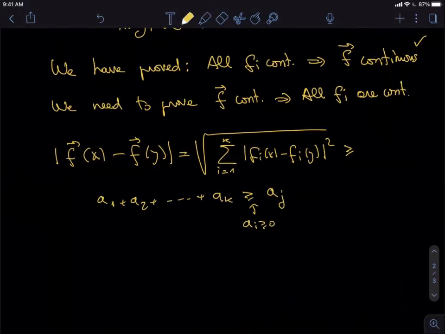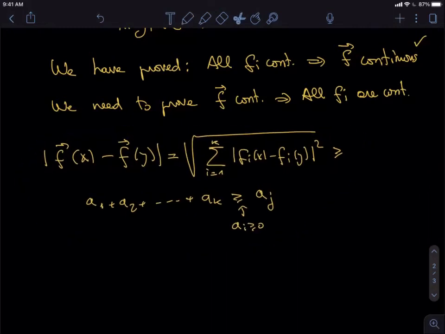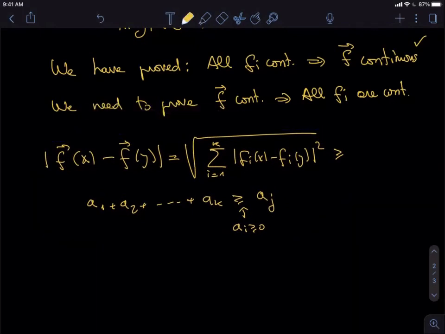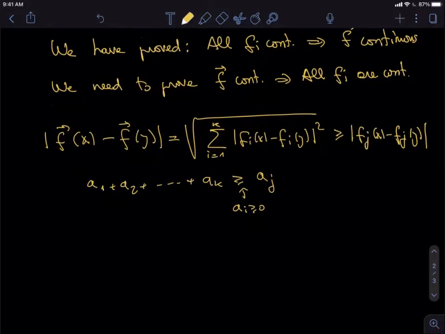Like if you pick a2, the sum will be bigger or equal than a2. All the other a_j's are only making the sum bigger. So this is bigger or equal than |f_j(x) minus f_j(y)|, and here the square root and the square cancel out once I get rid of all the extra k minus 1 terms.